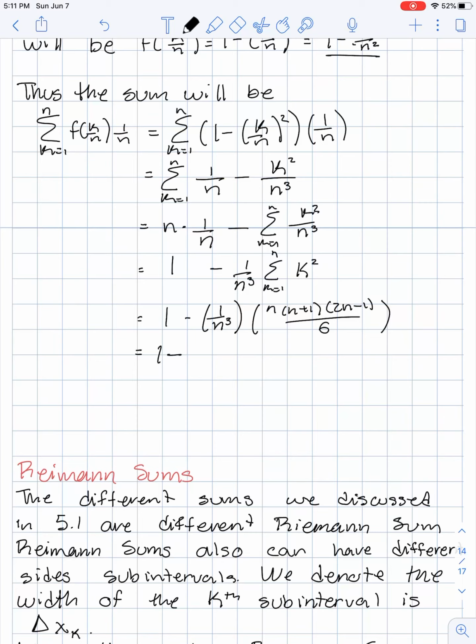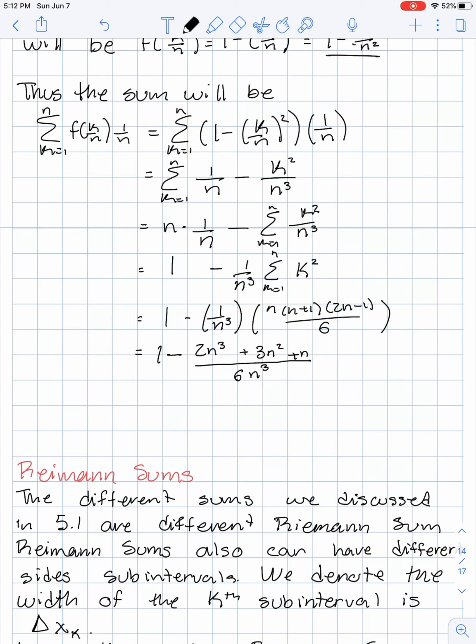So I'll get 1 minus 2n cubed plus 3n squared plus n over 6n cubed.